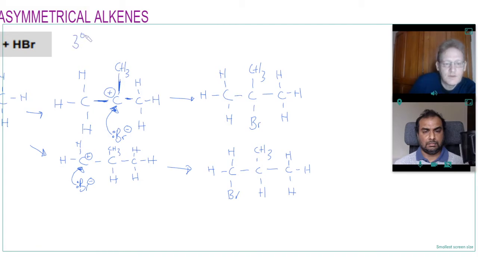So tertiary carbocations are more stable than secondary carbocations, which are more stable than primary carbocations.